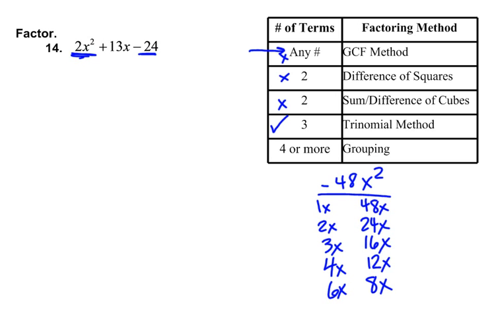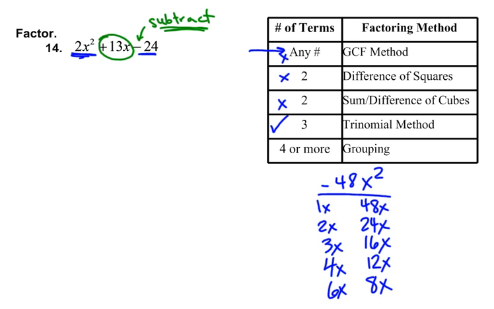So what we're looking for at this point is something that will subtract, since that is a negative there on the last term. We're going to subtract to get positive 13. So we're going to look closely and see if we can identify any combination of numbers that will subtract to get positive 13.